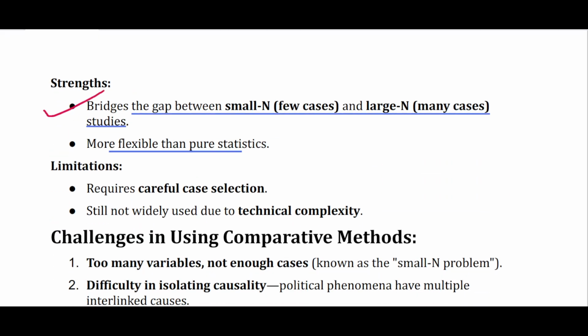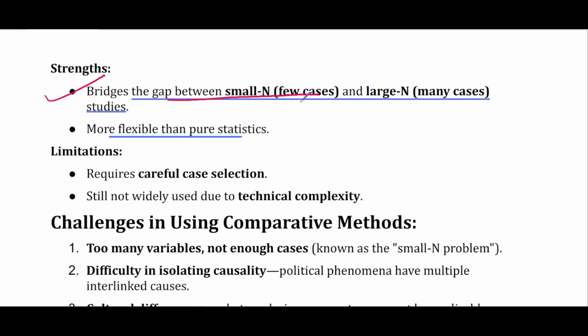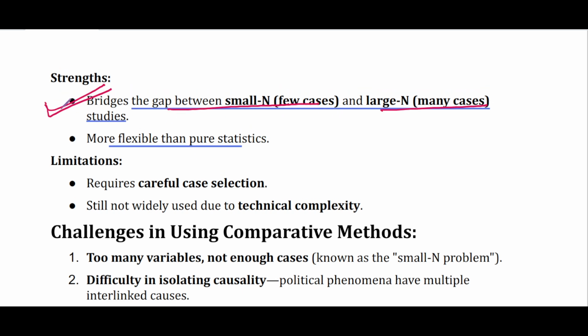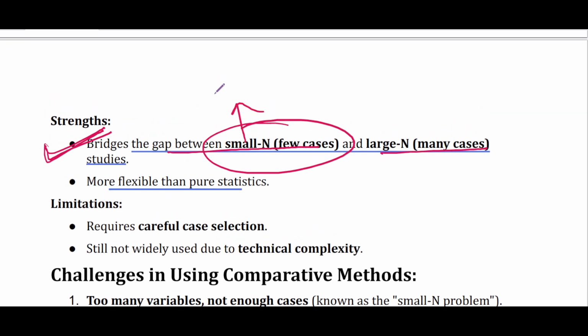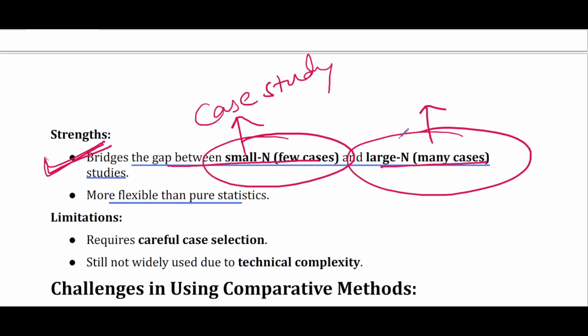फिर strength ये है, it bridges the gap between small n and large n cases. So ये जो strength है, first, it is simple. When few cases, which is a limitation of case study method, and the large n, which is a limitation of statistical method, quantitative method.